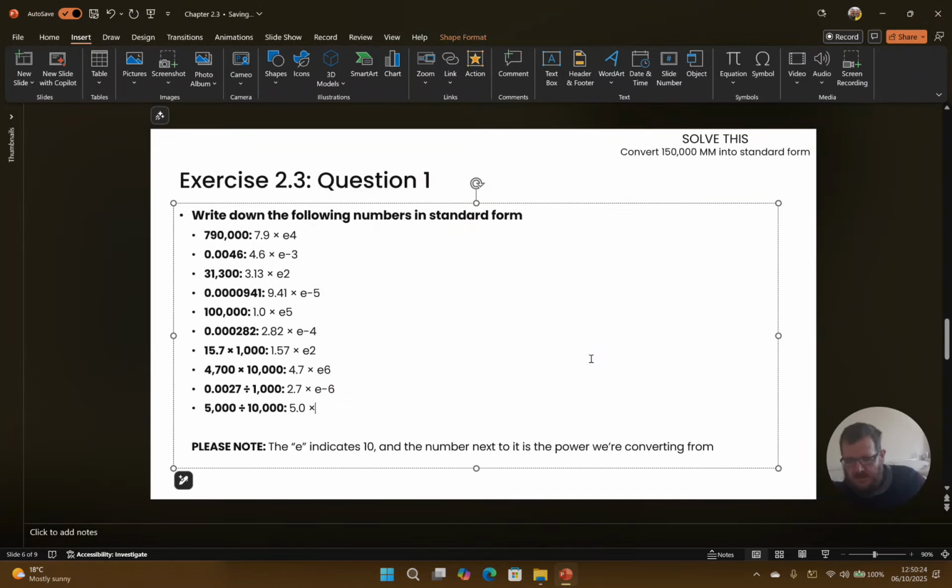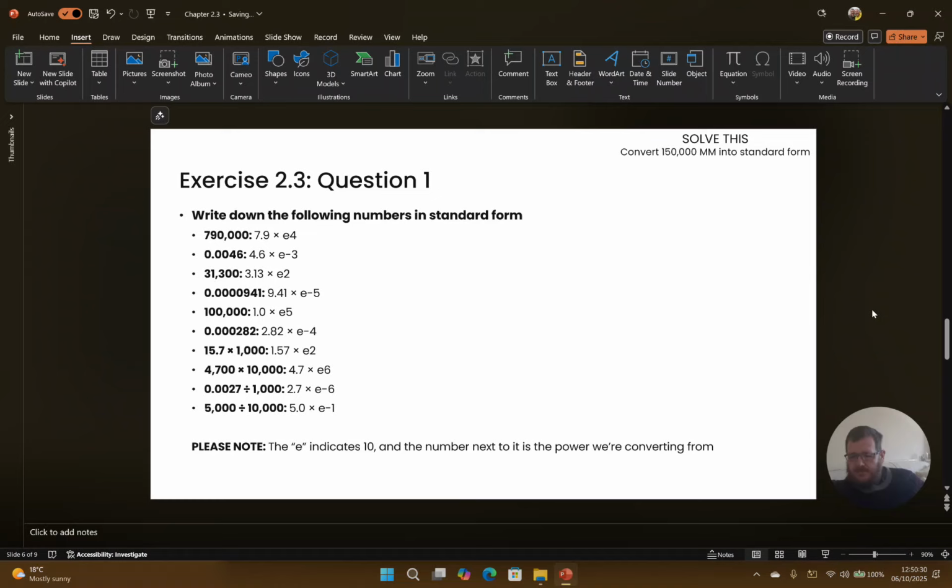So it then becomes E minus 1. And that's the answers to your question. I might have to double check those, but I'm pretty sure I've got them right. Next.